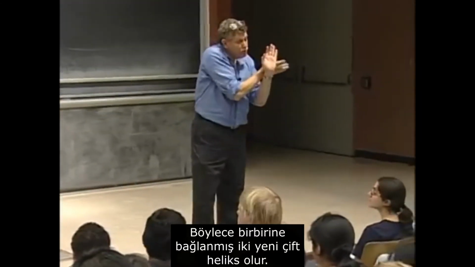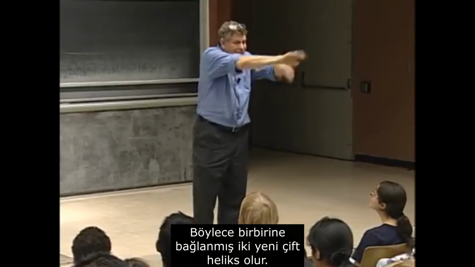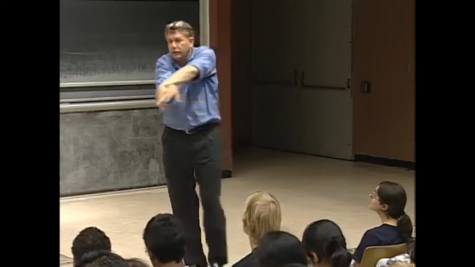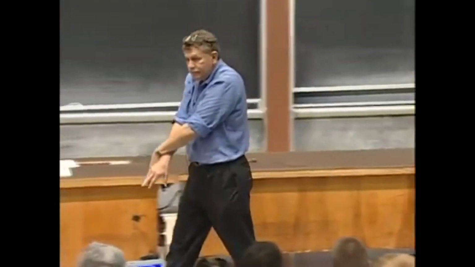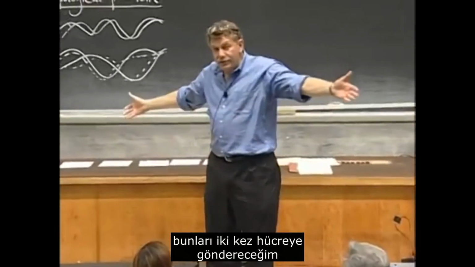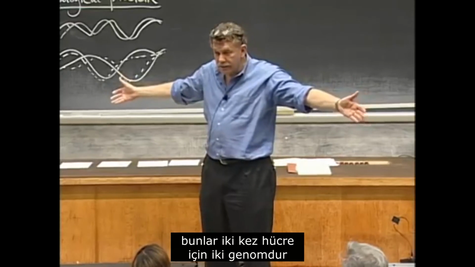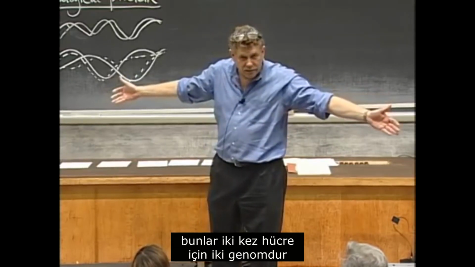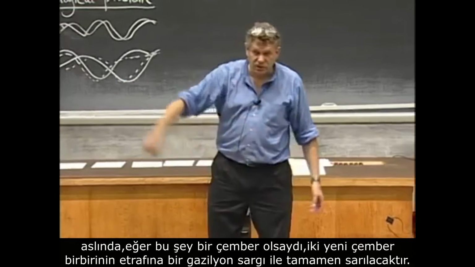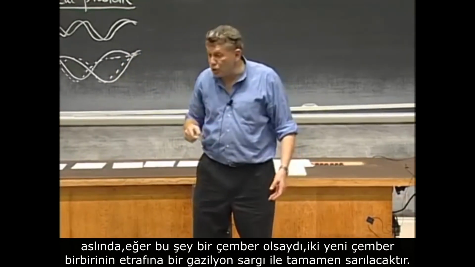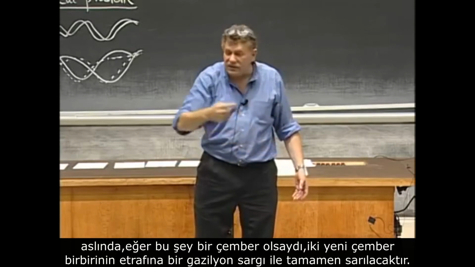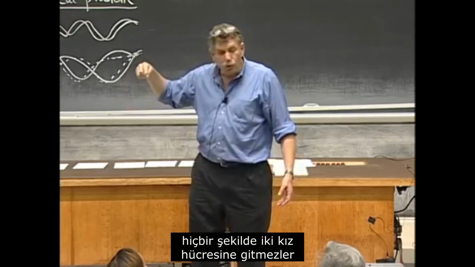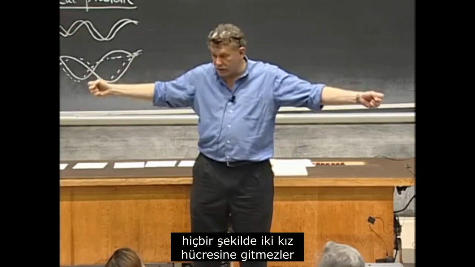So I have the two new double helices entangled with each other. Why is that going to be a problem? I'm going to send these to two daughter cells. These are the two genomes for the two daughter cells. In particular, if this thing was a circle, the two new circles will be totally wrapped around each other with a gazillion wraps. No way they're going to two daughter cells.